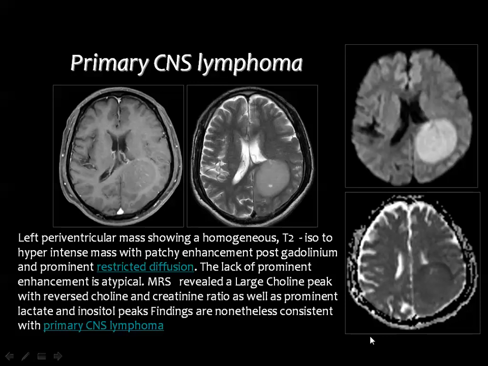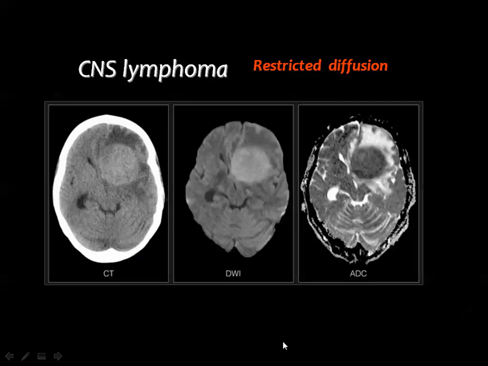And this is also another case of lymphoma. The lesion is not so much enhancing in the contrast enhanced image, but it appears of relatively bright signal in the T2 and prominent diffusion restriction, bright in the DWI and black in the ADC map. Another case of the lymphoma by CT and diffusion weighted image, the lesion is bright.